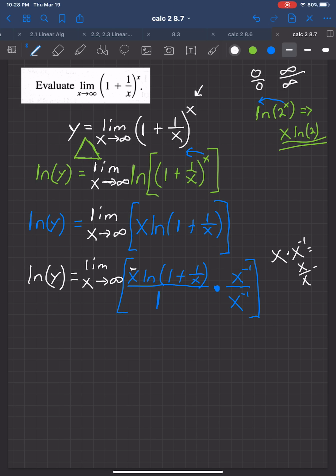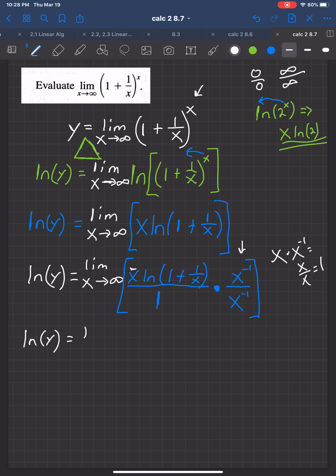X over x is equal to 1. And then I can, in essence, have a quotient of two different functions. Now, it should go without saying that x to the negative 1 divided by x to the negative 1 is equal to 1. So are you with me that all I did was multiply by 1? I don't think you'll argue much with me. Multiplying by 1 shouldn't change anything.